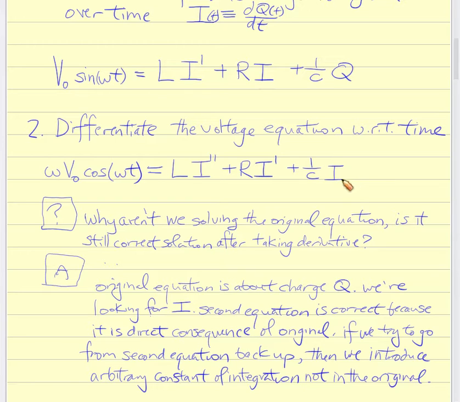We've taken a look at a property of this first equation, in a sense, like we're taking its derivative. So we're looking at another property of the first equation, and then through that we can solve for I, the thing that we're interested in. The problem would arise if we were starting with the second equation.